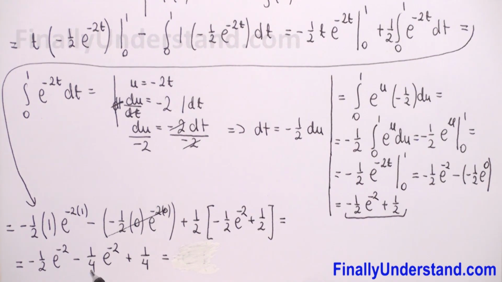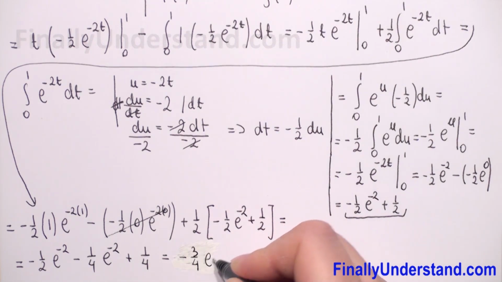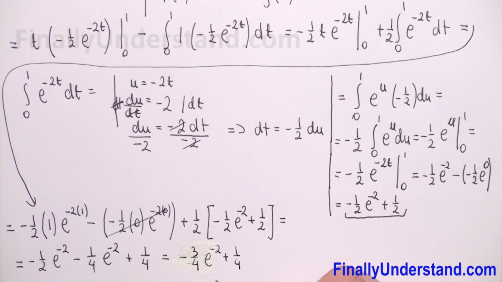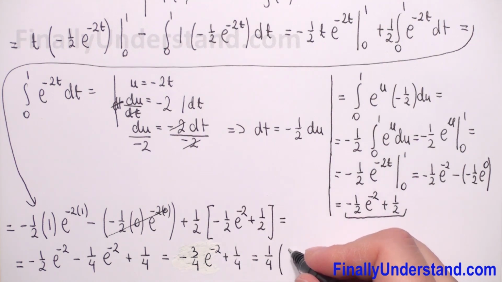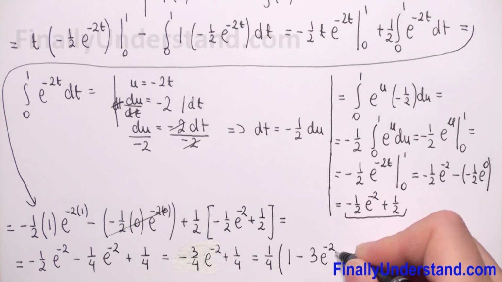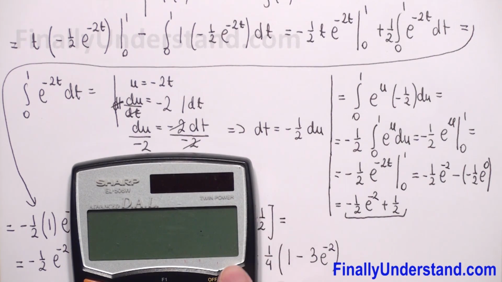Negative 1/2 and negative 1/4 e to power negative 2. This is negative 3/4 e to power negative 2 plus 1/4. You can factorize 1/4, and you can put first the positive expression, so it will be 1 minus 3 e to power negative 2. You can leave it like this, or you can use a calculator and find this value.